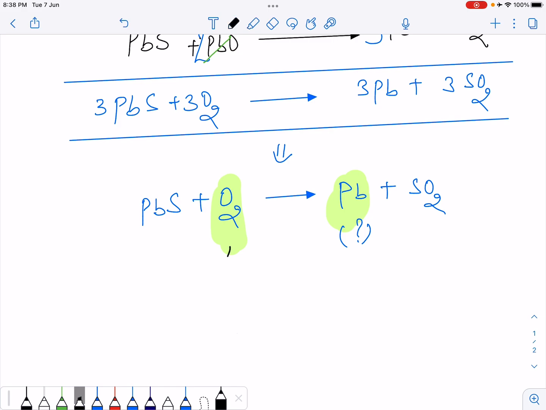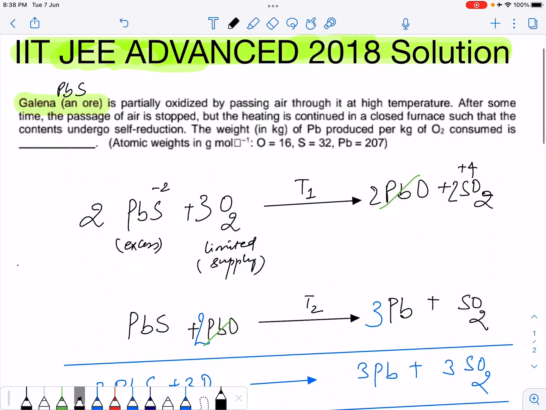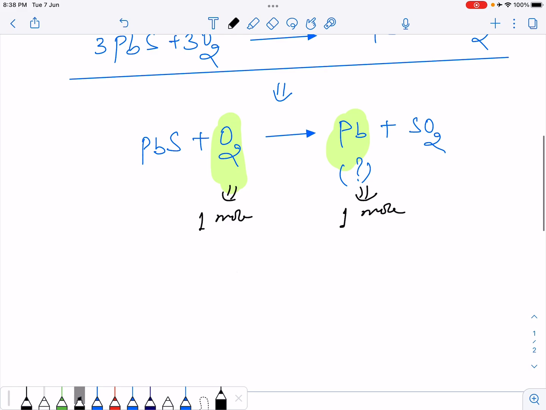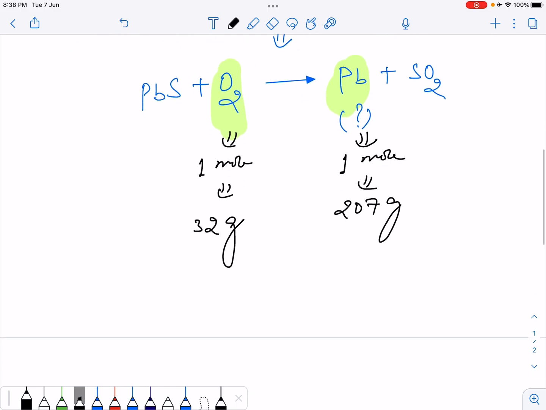From this equation I can observe 1 mole of oxygen will produce 1 mole of lead, and in the question it is already given that the atomic mass of oxygen is 16 and the atomic mass of lead is 207. So O2, that is 16 into 2, 32 gram of oxygen will produce 207 gram of lead. I can also say 32 kilogram will produce 207 kilogram.